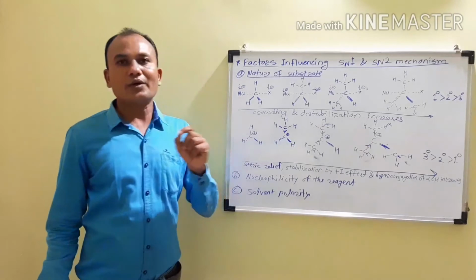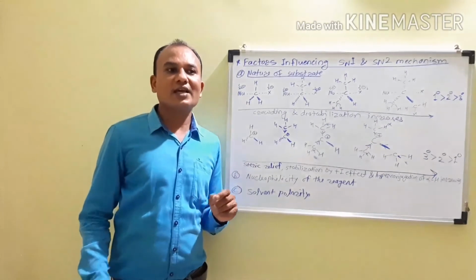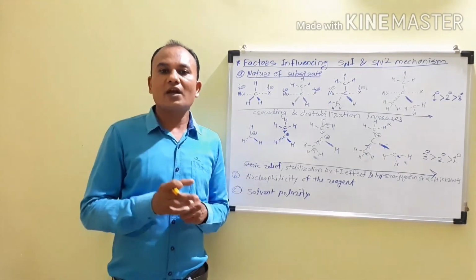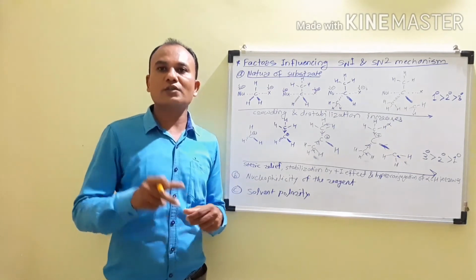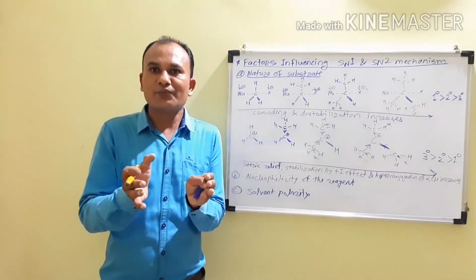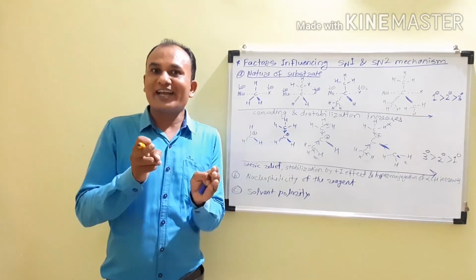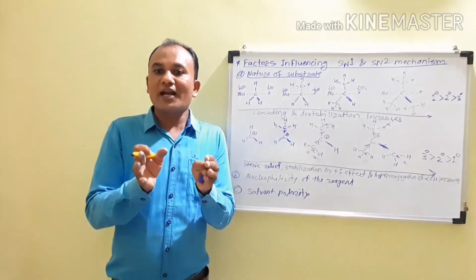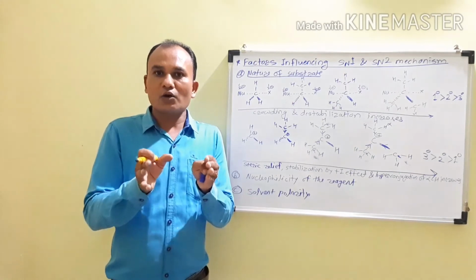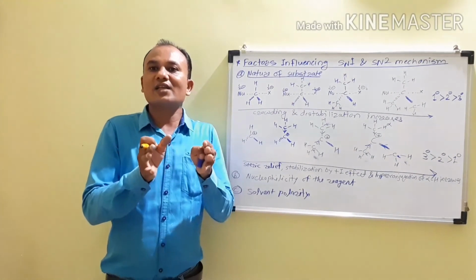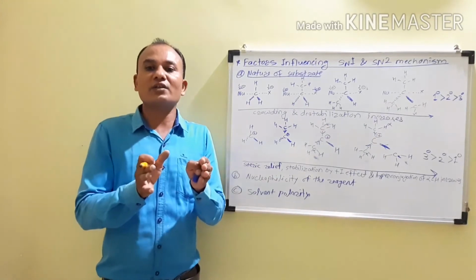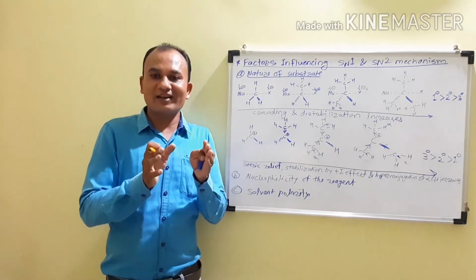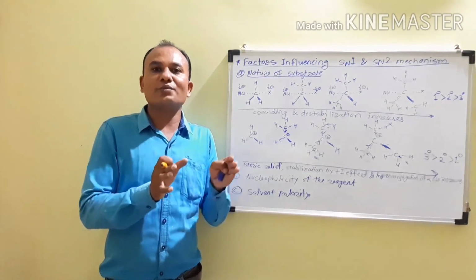Now in the case of the SN2 mechanism, there is no formation of a cation or an anion, and if we are using a protic or polar solvent, it stabilizes the nucleophile, because in the SN2 mechanism the attack of the nucleophile and the breaking of the carbon halogen bond take place simultaneously. The solvation makes the nucleophile so stable that its attack becomes less, and due to that the rate of the reaction decreases.